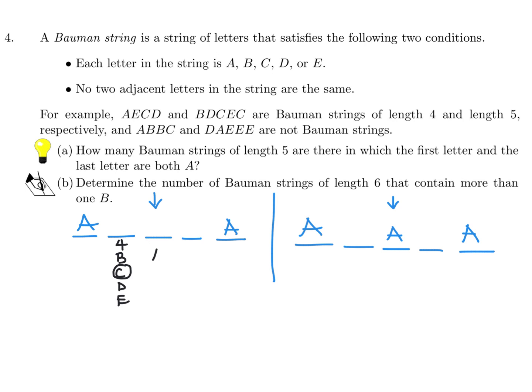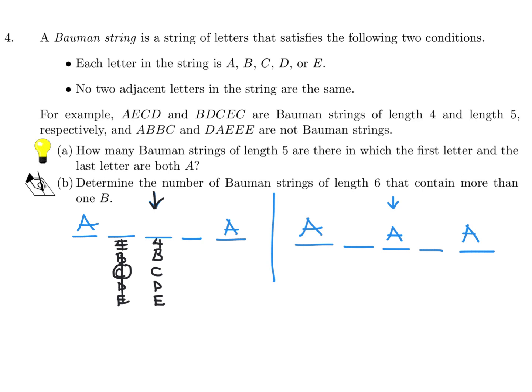Actually, let me think about this for a second. Oh wait, hold on. I think we've got to backtrack here, and maybe look at this one first. That is not an A, so the only choices are B, C, D, or E. So there are 4 choices here.